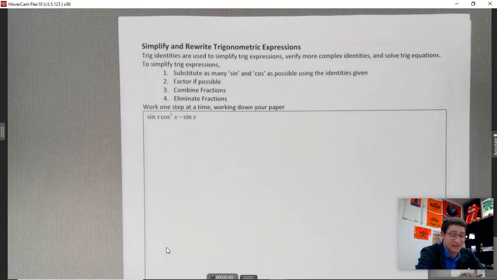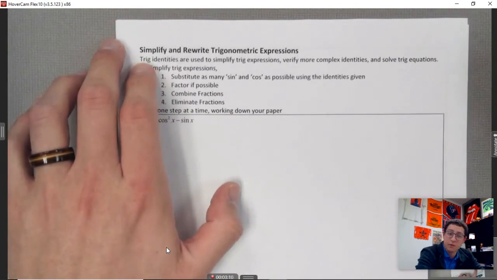Just in general, with this unit, this is a unit that takes practice. This is not one of those units where you're going to come in the last day and just do well on the test. So just keep that in mind. It's not an easy unit, but this is a longer unit for us, and it just takes practice. This is not something you wake up one day and you're just like, oh, I'm a genius at simplifying and rewriting trig expressions.